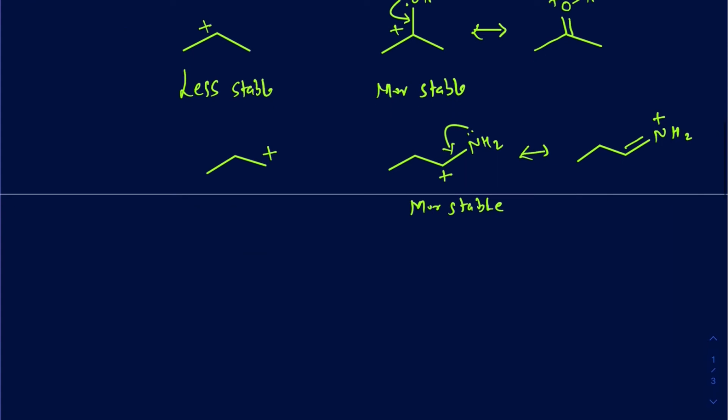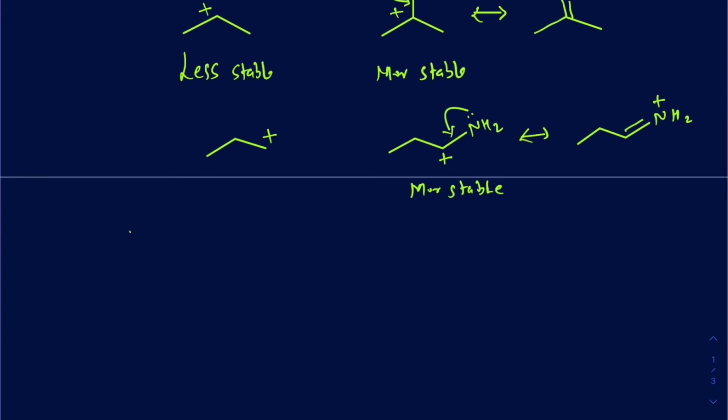So I would still say your tertiary carbocation is going to be the most stable, followed by your benzylic carbocation. And like I said, different books may say different things. They may have benzylic and tertiary at the same stability level, or some books have the benzylic over the tertiary carbocation.